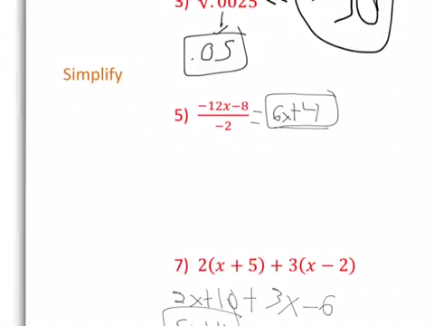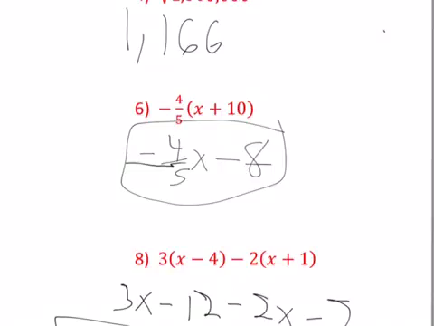5 is negative 12x minus 8 over negative 2. So first you do negative 12x divided by negative 2, which is equal to 6x. Then you do negative 8 divided by negative 2, which is 4. So then you get 6x plus 4. For 6, you have negative 4 over 5, and then in parentheses, x plus 10.